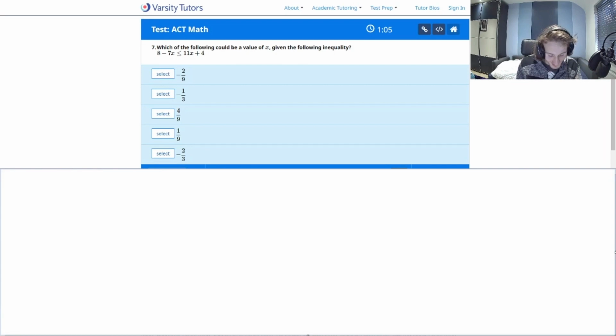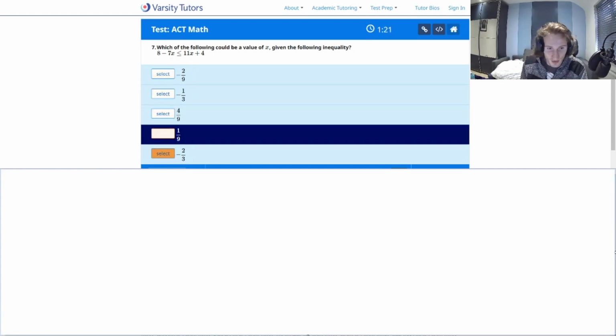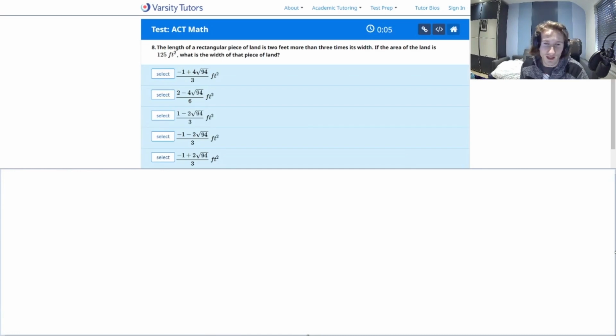So smart. It's less than or equal. x is greater than or equal to 2 9ths. So therefore, the only answer is 4 9ths. The length of a piece of rectangular land is 2 feet more than 3 times its width. If the area of the land is that, then what is the width of that?